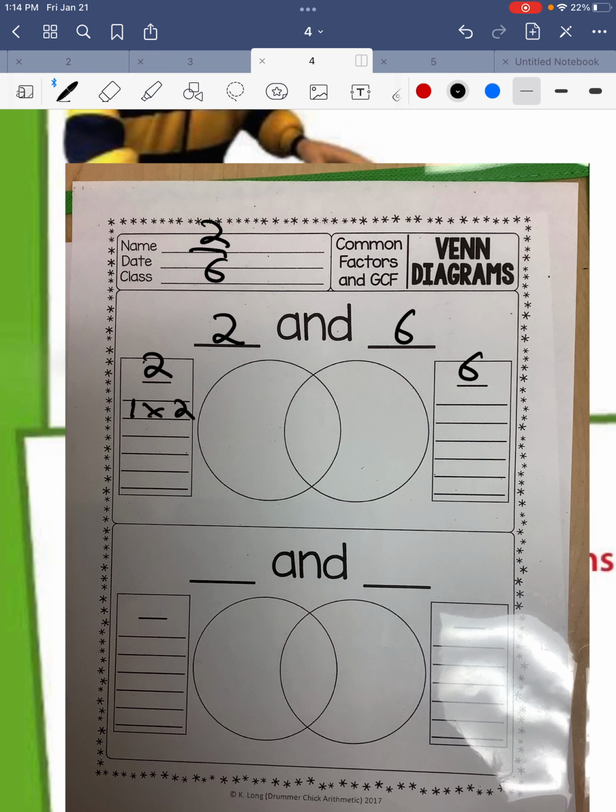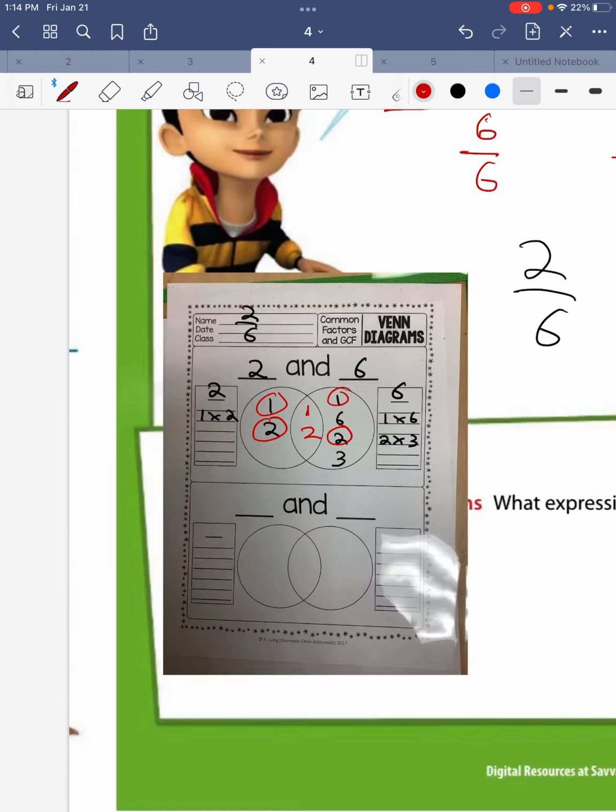Two numbers I can multiply together to get 6, 1 times 6, 2 times 3, okay? Put their numbers in the circle. So I have 1, 2, I'm going to put 1, 2. Here I have 1, 6, 2, 3. The numbers they have in common are 1, put it in the middle, 2, put it in the middle, okay?